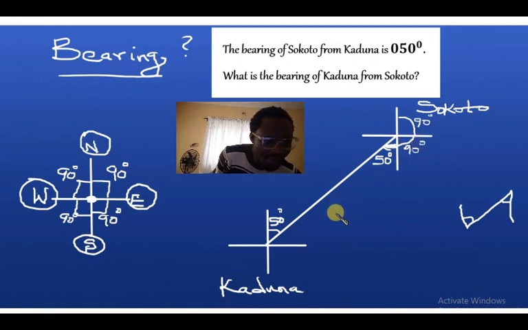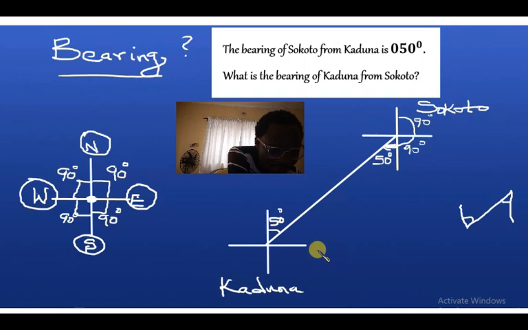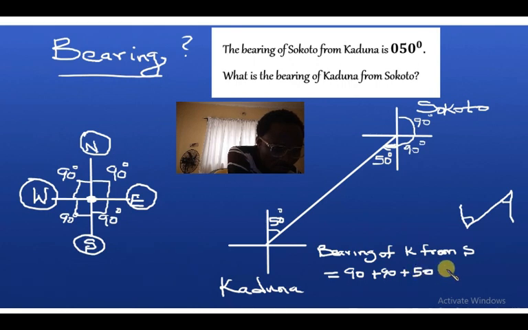So that means the bearing we are looking for, bearing of K, which is Kaduna, from Sokoto, which is S, equals 90 plus 90 plus 50, which equals 230 degrees. Take note, the bearing of Sokoto from Kaduna is 50 degrees.